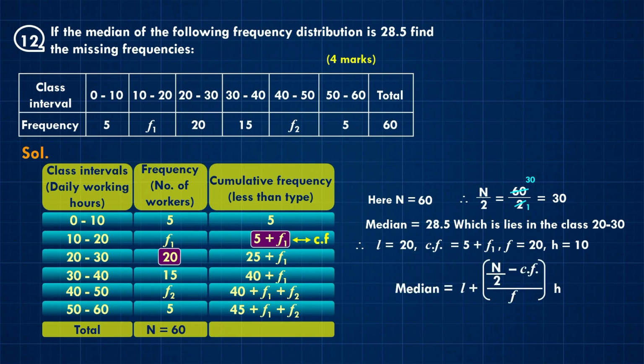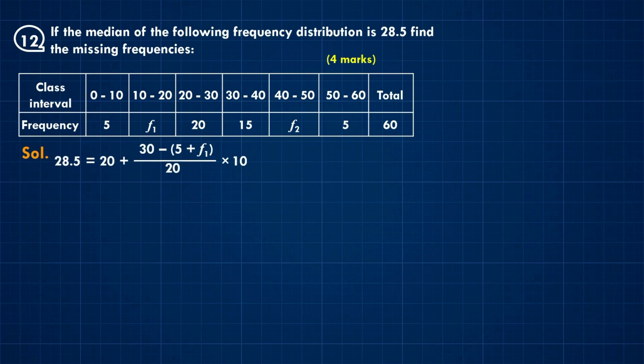So now put everything in this formula, and also we will put the median formula, median value. So that is 28.5 equal to, now L, n by 2, CF, F and H. So put all everything together. Now it is forming an equation.